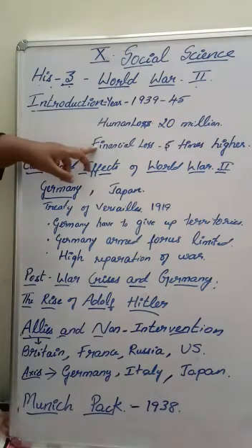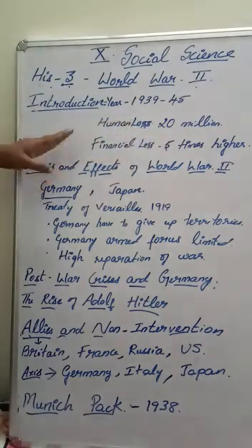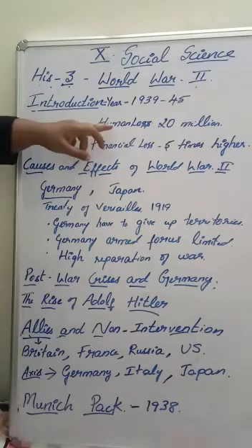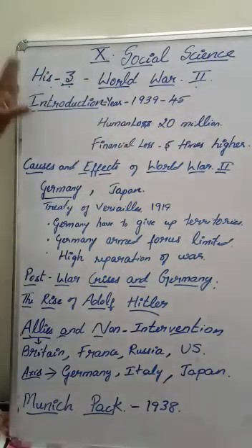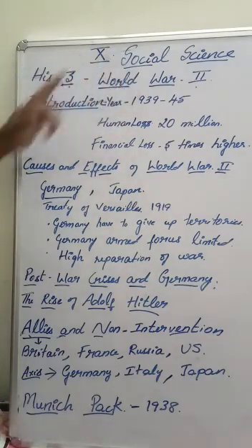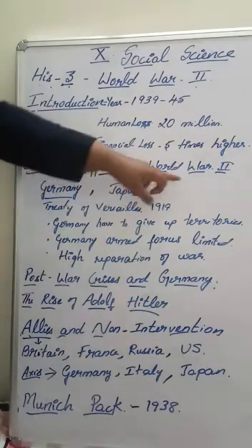The financial loss of the Second World War was 5 times higher than the First World War. During that period, the people who were captured or imprisoned were tortured and killed in prison. So there was a bloody conflict between the countries during World War II. Now we'll see the causes and also the effects of World War II.